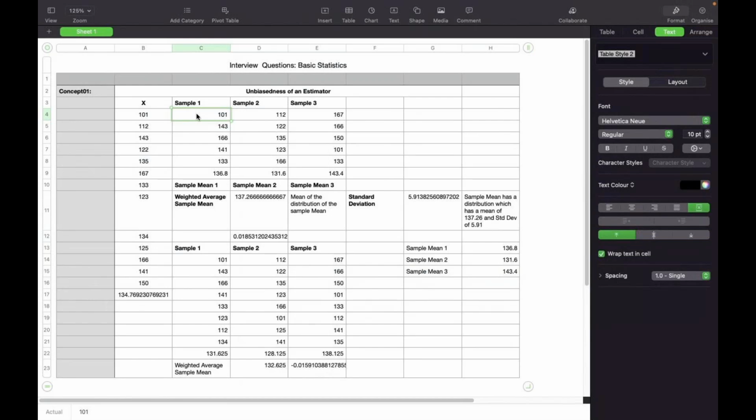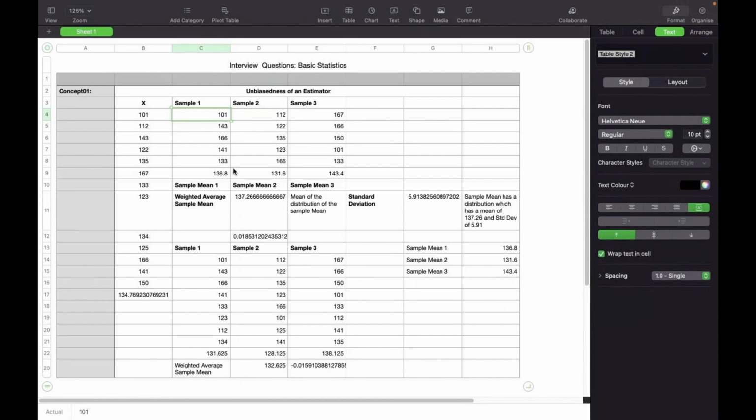So what I do is I create a random sample over here. Now when I'm creating a random sample, I know that it is random. So just by creating one sample and calculating the sample mean, I cannot rely on the fact that the mean is calculated correctly.